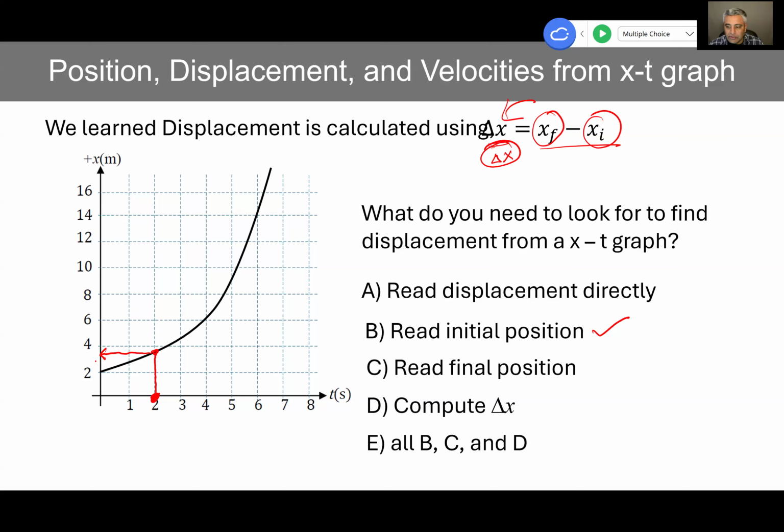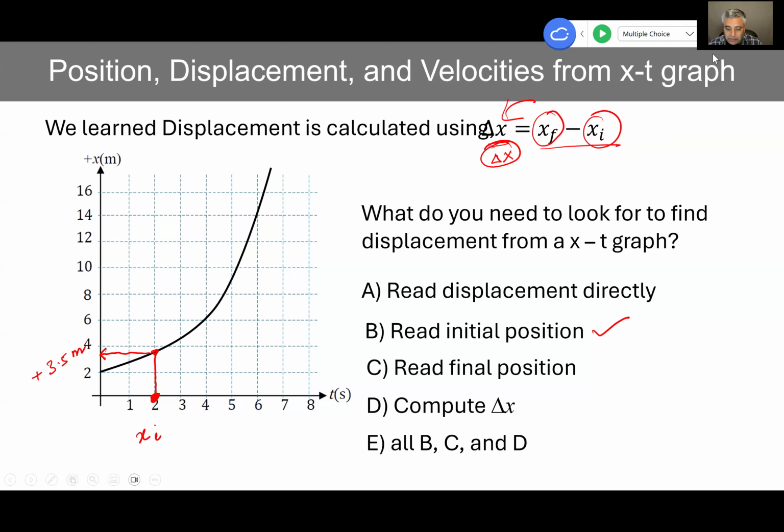So if you have to, you can just approximate, let's say 3.5. That's the position at 2 seconds. And if I say that is the initial position, then that is 3.5 meters. And these numbers are positive, so it's positive 3.5 meters. Okay.